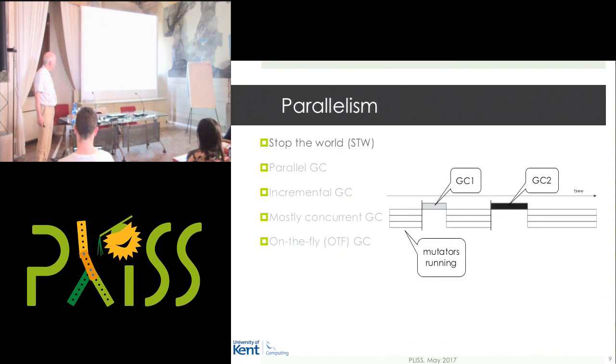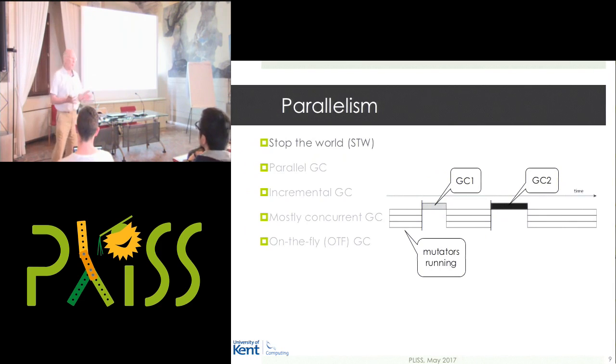Most people adopt this one. Here, these little pictures are meant to indicate each stripe, if you like, is a thread. So here we have 3 mutator threads and maybe 1 garbage collector thread, and time is running from left to right. So the simplest kind of collector is a stop-the-world collector.